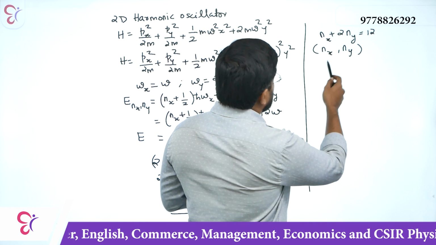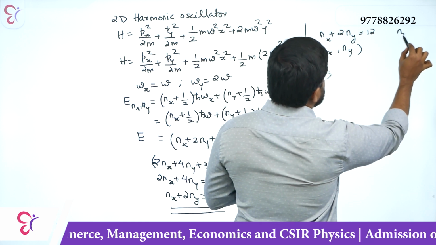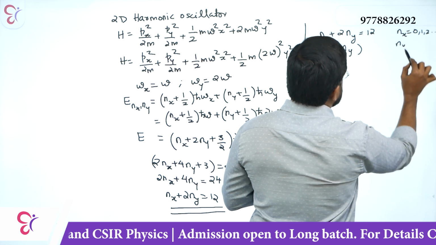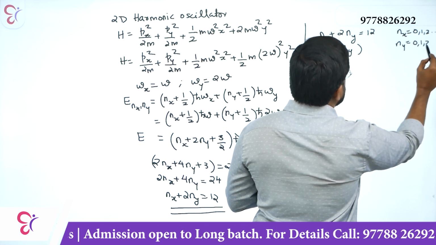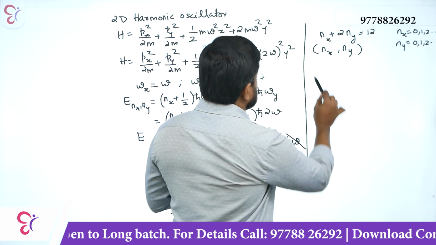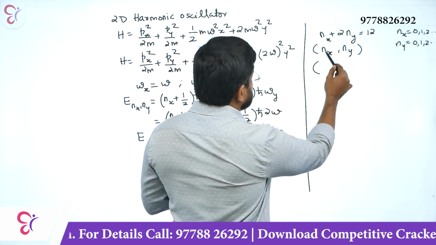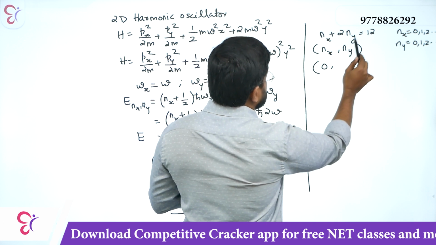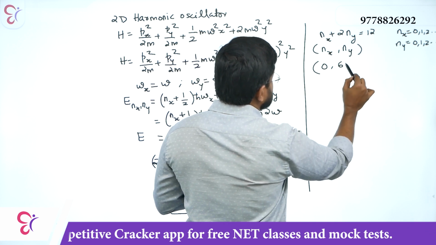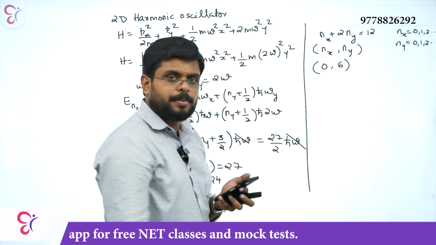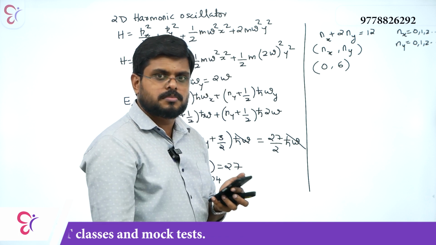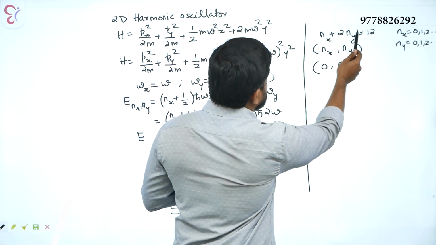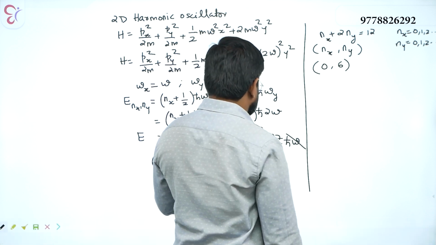You know nx has values 0, 1, 2, etc. ny is also having values 0, 1, 2, etc. I am substituting nx as 0, then ny, to get 12, will be 6, isn't it? 0, 6, first value. Is it satisfying? So 0 plus 2 into 6 equals 12. So that is the first value.